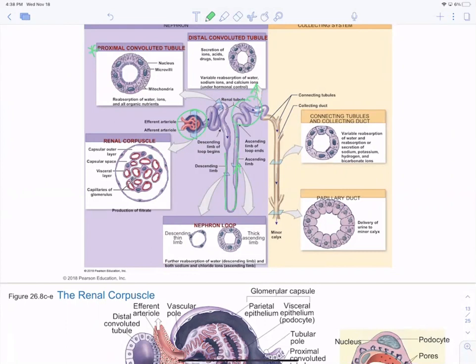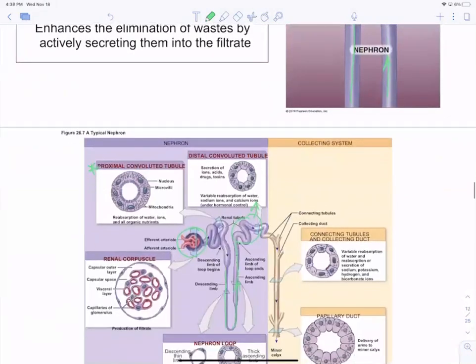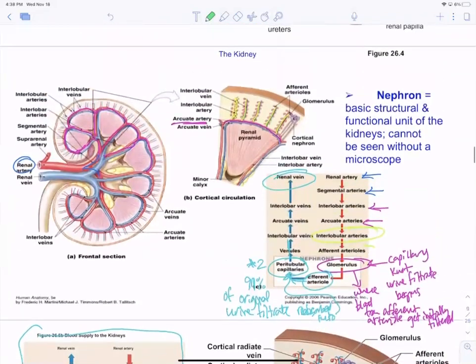And then all the different distal convoluted tubules are going to merge into one collecting duct. So these are all distal convoluted tubules of different nephrons, right? And there's a lot of nephrons, because if you recall, each one of those balls is a nephron.